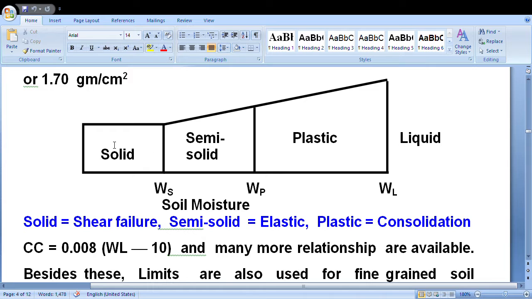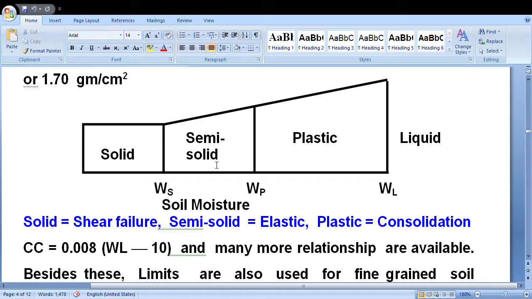Now see the type of failure. When the soil moisture is here or less, shear failure shall be the governing criterion. There will be no settlement failure, there shall be shear failure. If soil moisture is in this portion, it is elastic failure: if we release the load, it will return to its original position.